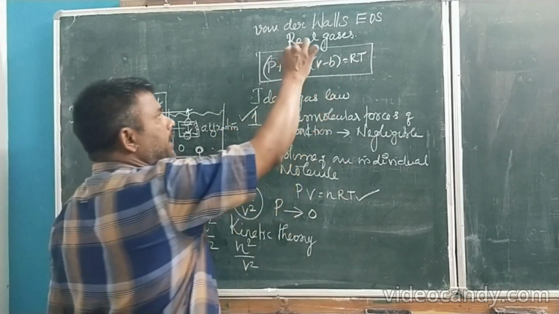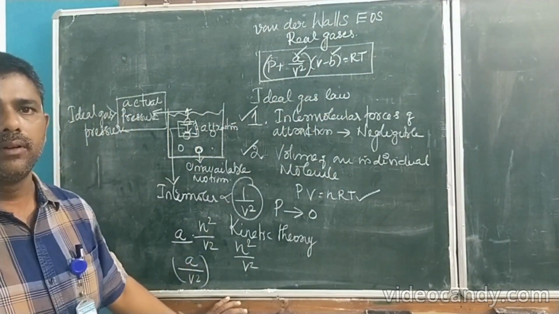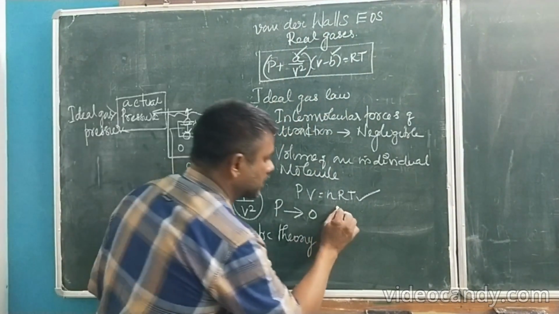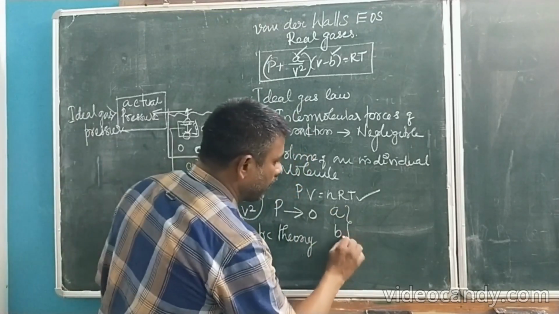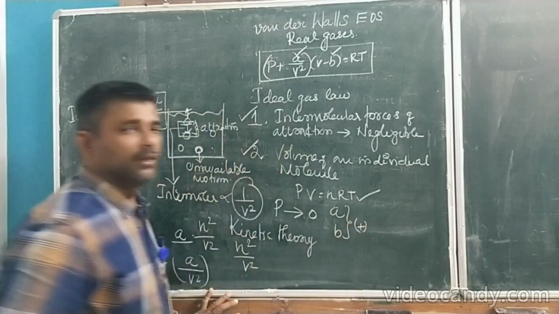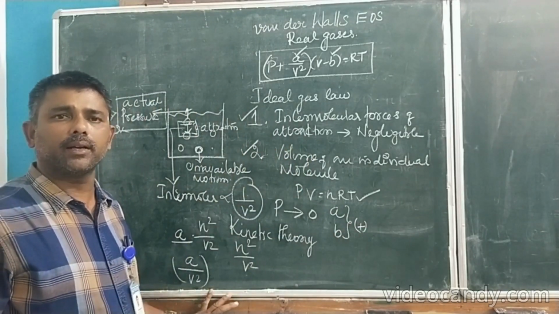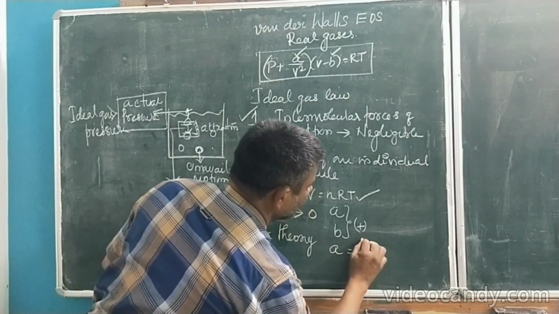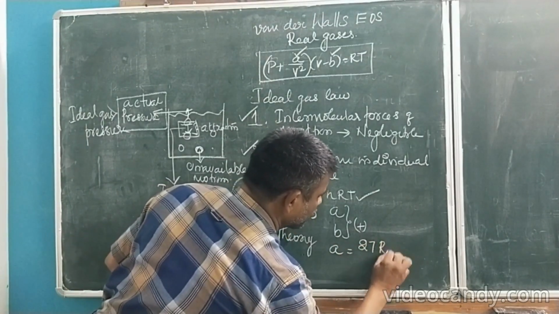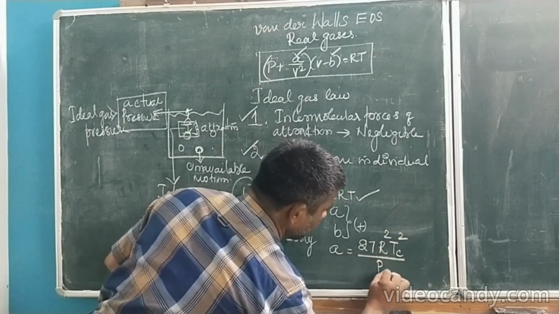a and b are the van der Waals constants. They are always positive. The equations for a and b are obtained from the concept of critical properties. a = 27R²Tc²/(64Pc).